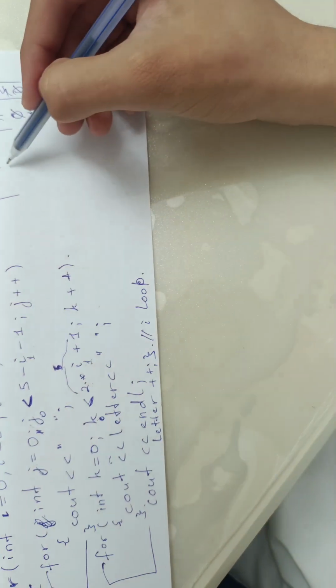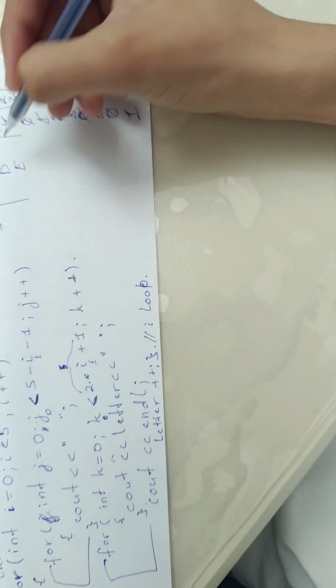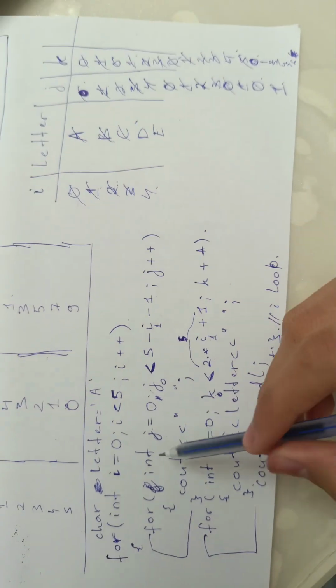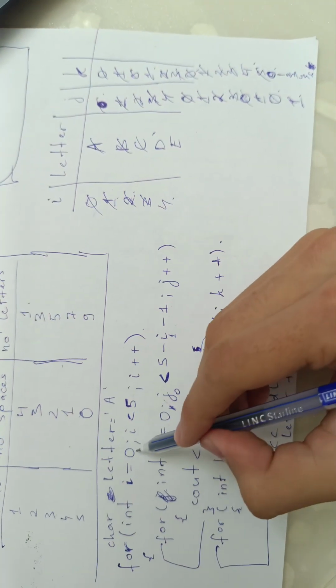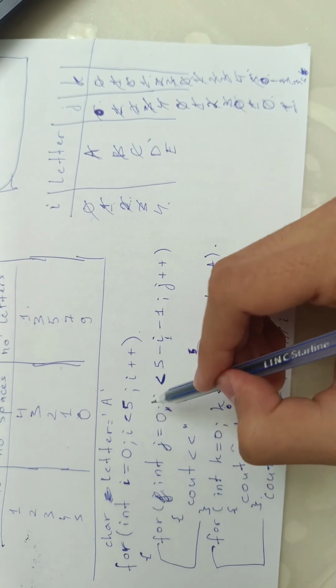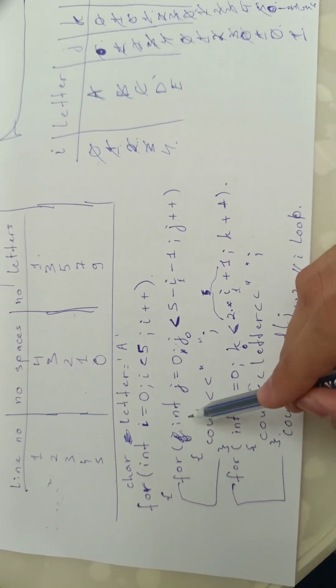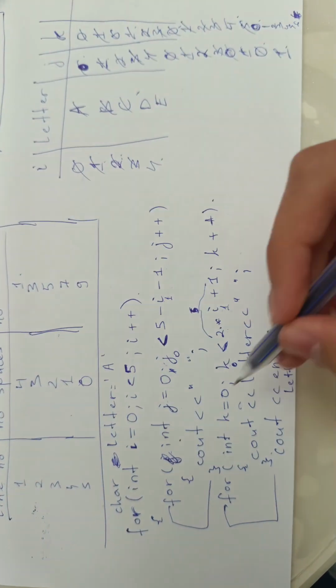Then letter plus plus, D becomes E, I becomes 4. So I equals 4. 4 is less than 5. It goes to the inner loop.